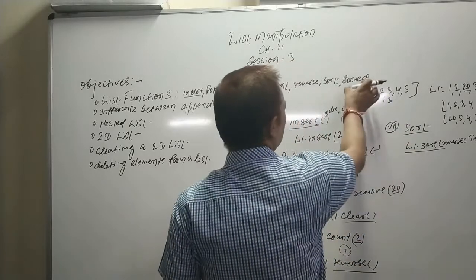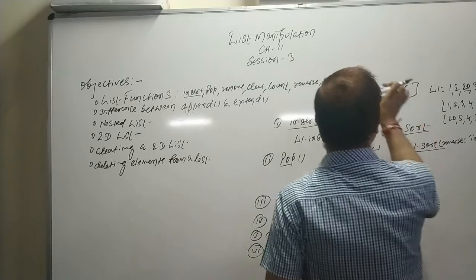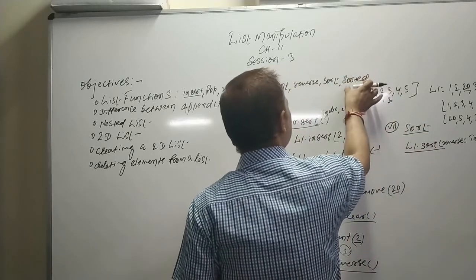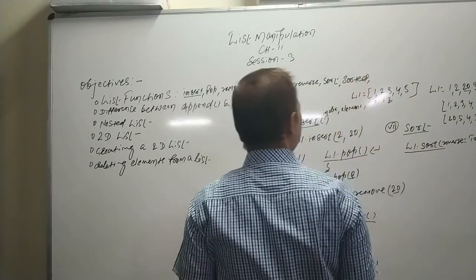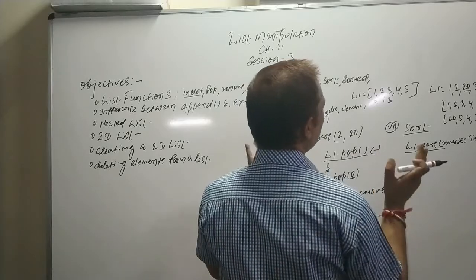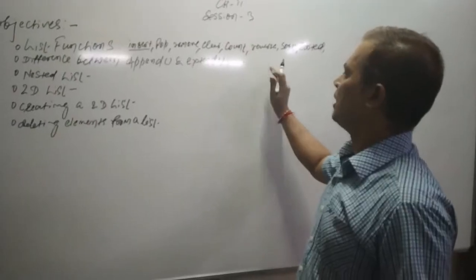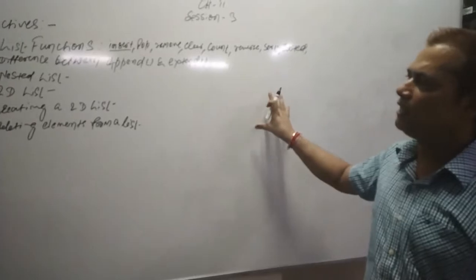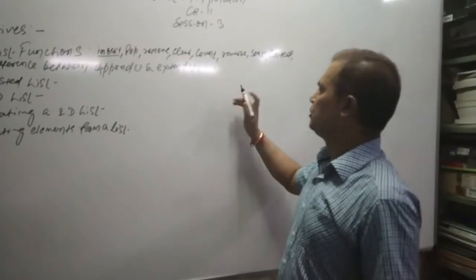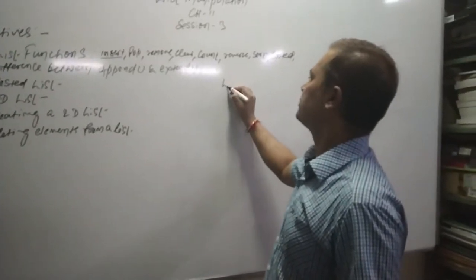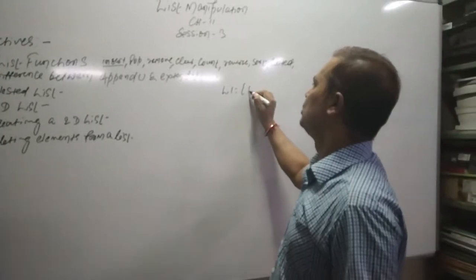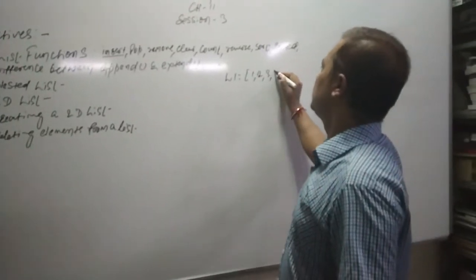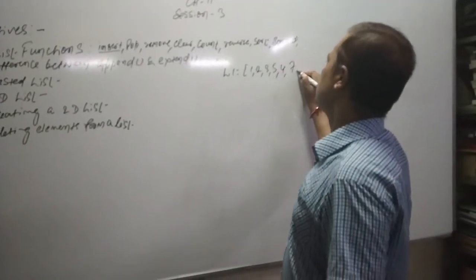Another method, sorted, does the same job, but it returns the sorted elements of the list in a different variable, and the original list will always be there with you. It is a method that helps us to sort any list, but the usage of sorted is completely different. For example, L1 equal to 1, 2, 3, 5, 4, 7, 6.